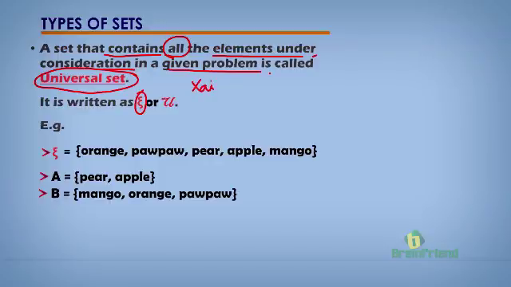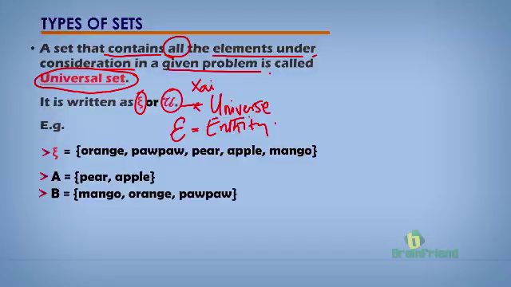It's a Greek term. It may also be shown as a symbol here, which represents the universe. Our xi is also referred to as the entity. Either of these appellations are useful in the description of our universal sets.